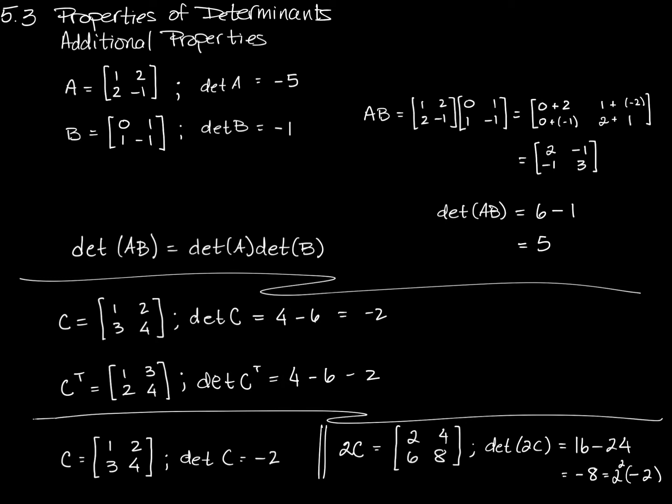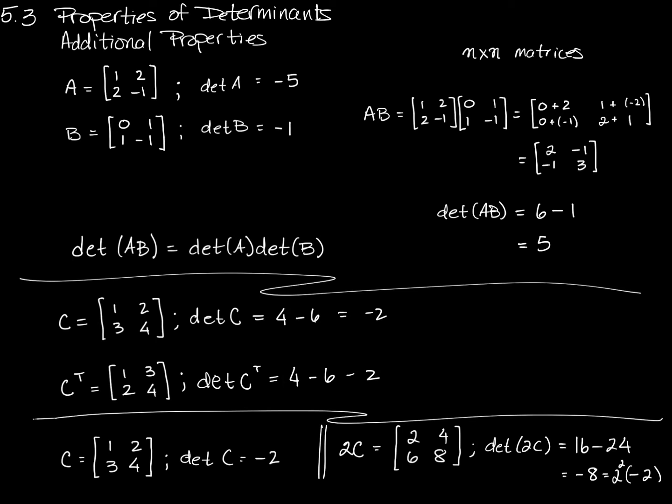The reason I'm writing it in this form is because the only reason we got 4 in the first place is that this is a 2 by 2 matrix. We talk about n by n matrices. So there are two 2's going on here. One is this 2 right here that we use to multiply C by.